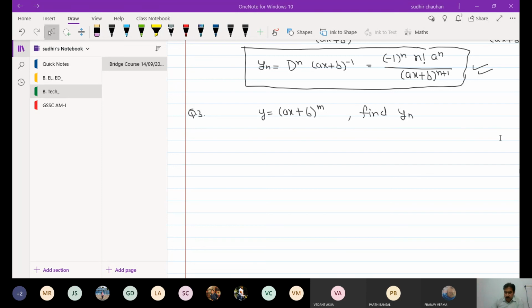You can write factorial m into a raised to power n into ax plus b raised to the power m minus n, divided by factorial m minus n.